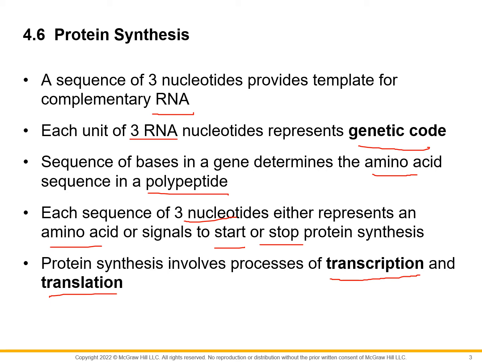Now, translation is taking something that's been written down that is not usable, and translating it and changing it to a usable form. And so we're taking these lists of nucleotides and their bases and turning it into groups of amino acids that will eventually be a protein.